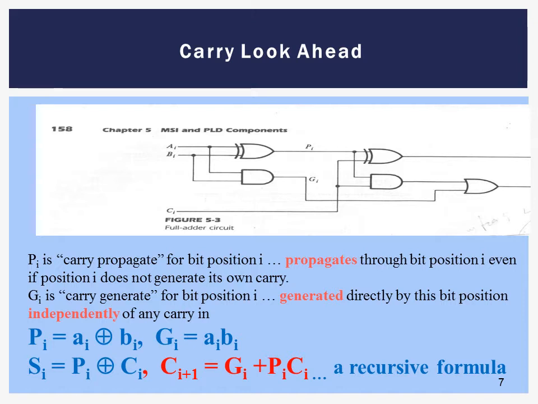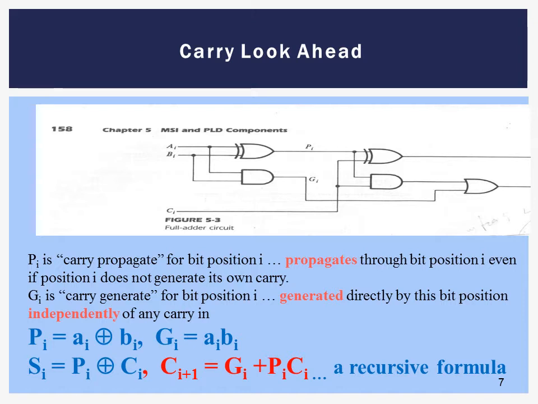That is why it is called propagate. And generate means that out of this A into B product, a carry is generated for that bit position independently. That is why it is called generate.